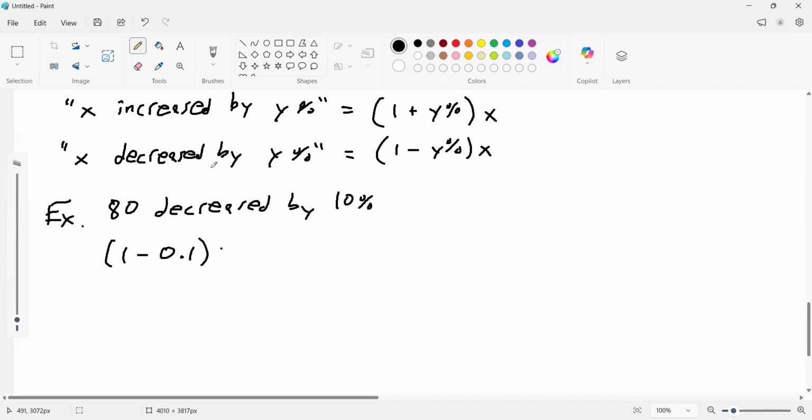So this is 80 being decreased by 10%. Let me do that again. So watch what I'm circling as I say it. 80 decreased by 10%. Okay? So that's what's going on here. And then obviously this is just the same thing as taking 0.9 of 80.